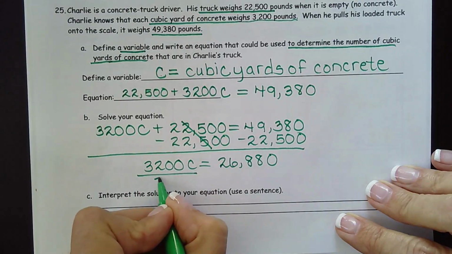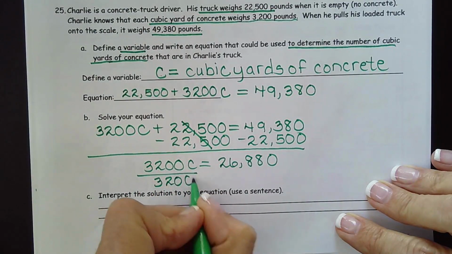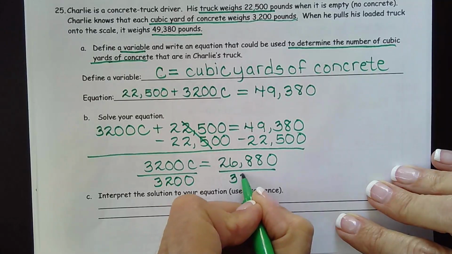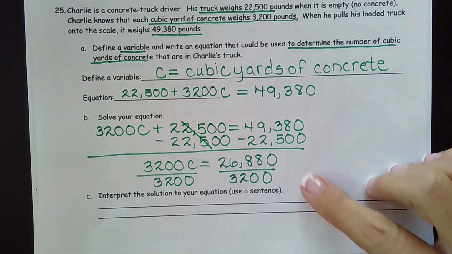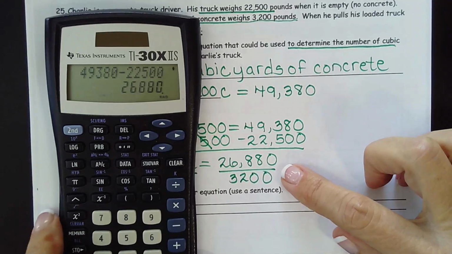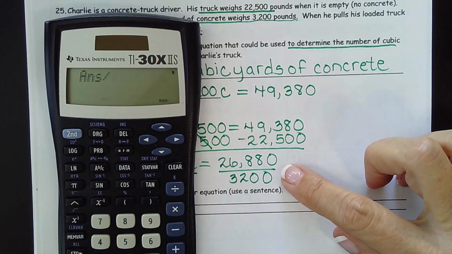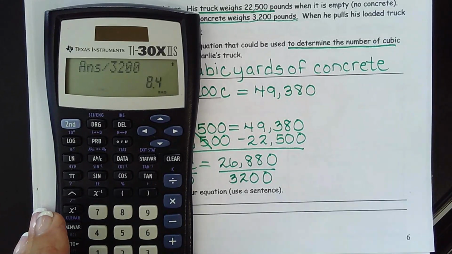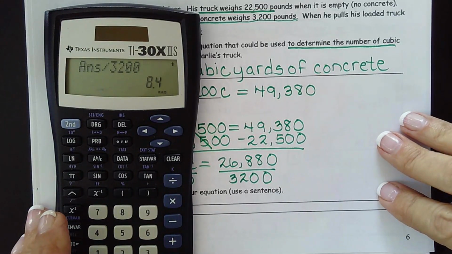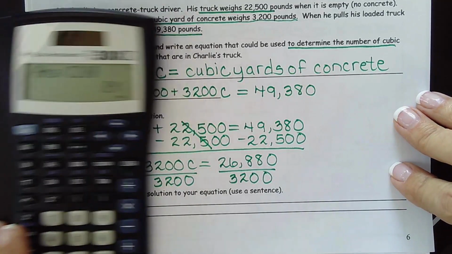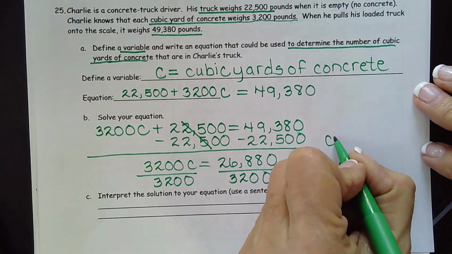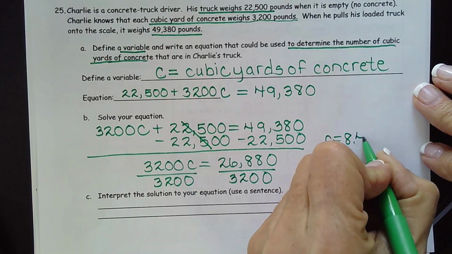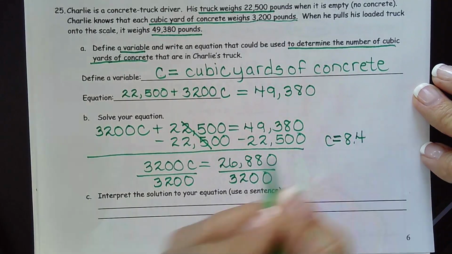And then we divide both sides by 3,200, and we already have our 26,880 in the calculator, so all we have to do is divide it by 3,200. And that gives us 8.4. So C equals 8.4. And this is why we write variable statements.